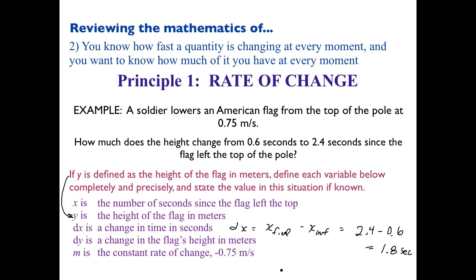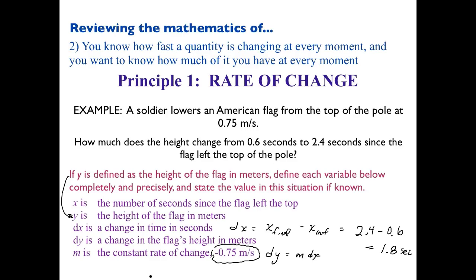So then what is dy? What did we say? So dy would be m dx, right? Remember, this negative 0.75, does it tell us just that the flag goes down 0.75 meters every second? Is that what it tells us? That's a very narrow meaning, right? So it tells us what?